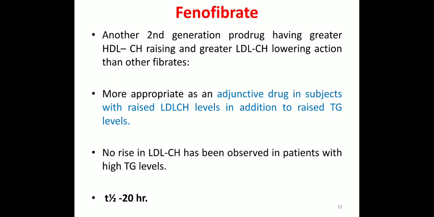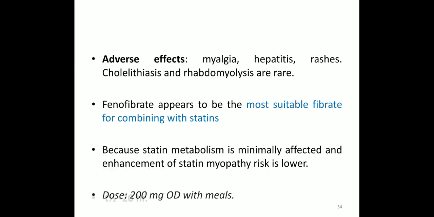So in a patient who has hypertriglyceridemia but also a high LDL cholesterol, we may use fenofibrate rather than bezafibrate or gemfibrozil. Its half-life is also long and no LDL cholesterol rise is seen with this drug.